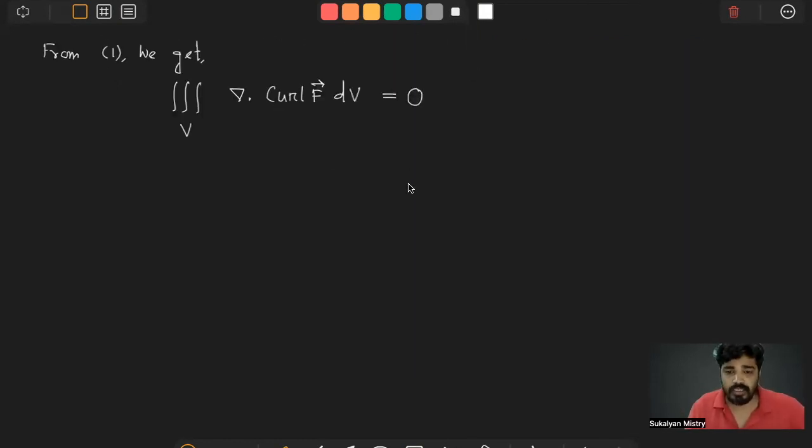So since this is true for all volume elements V, we can write del dot curl F is equal to 0.